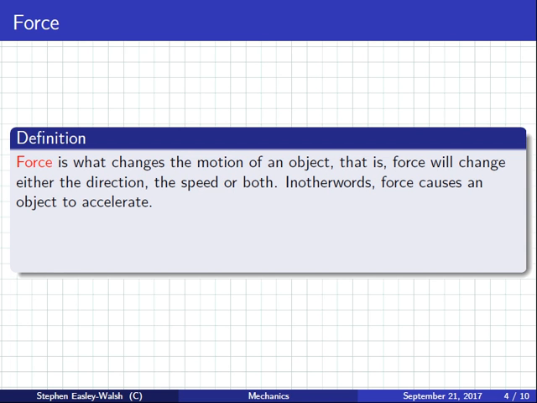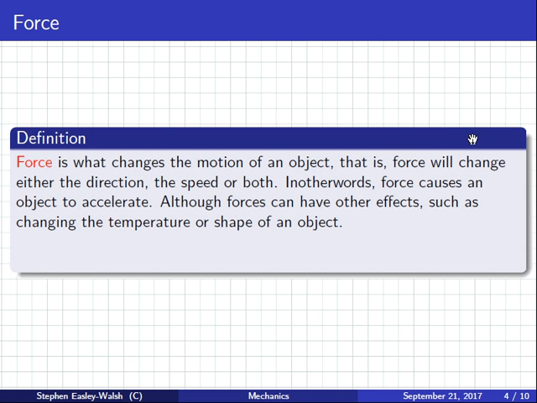Okay, you have this? So, usually force causes an object to accelerate, but not always. Now you don't need to write the next part down. Sometimes force has other effects, like changing the temperature or the shape of an object.